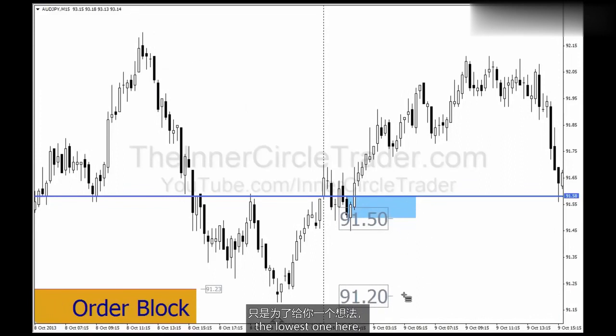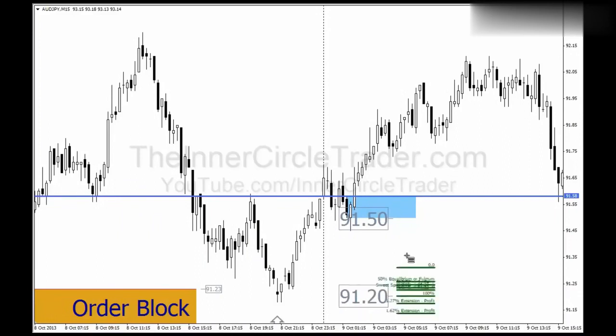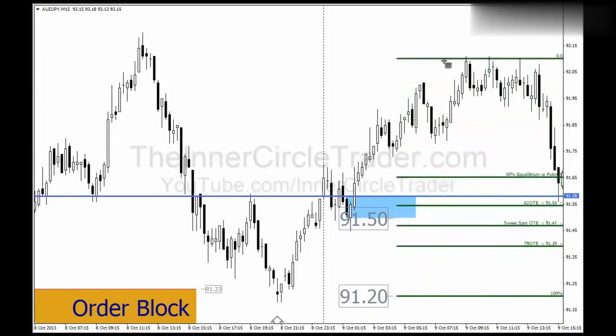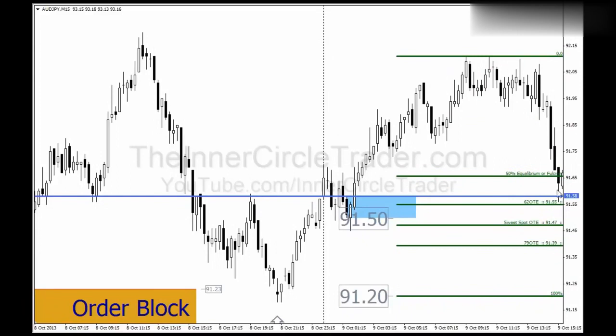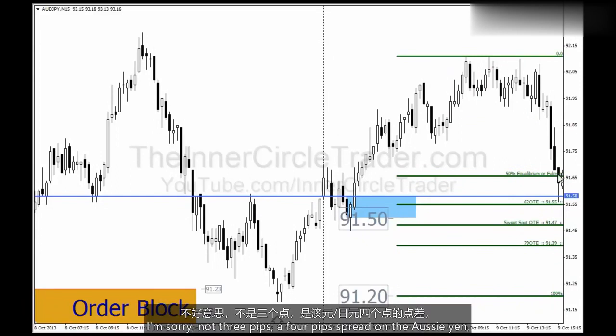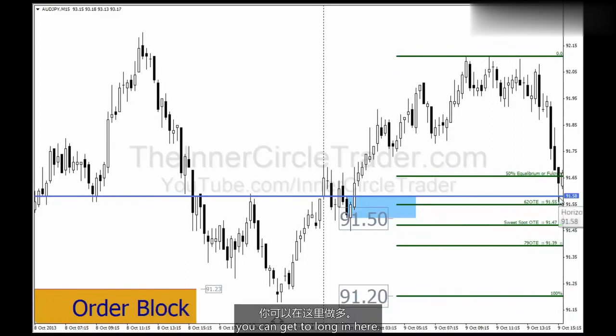We're going to start with the lowest one here, just to give you an idea, to the highest high prior to it. You can see how the 62% retracement level calls for 91.55. So if you're buying with a 4 pip spread on the Aussie yen, you can get long in here.